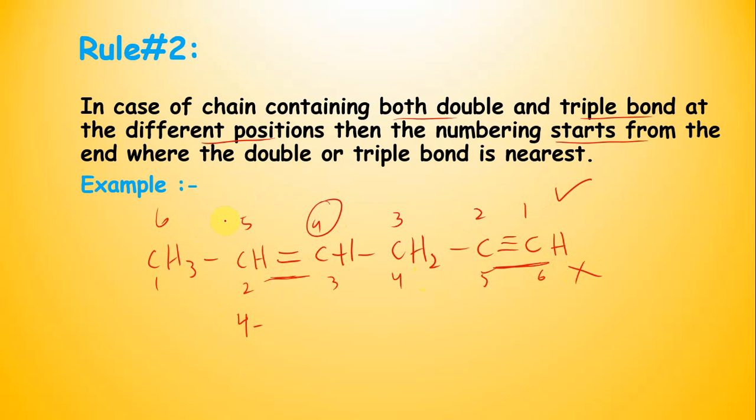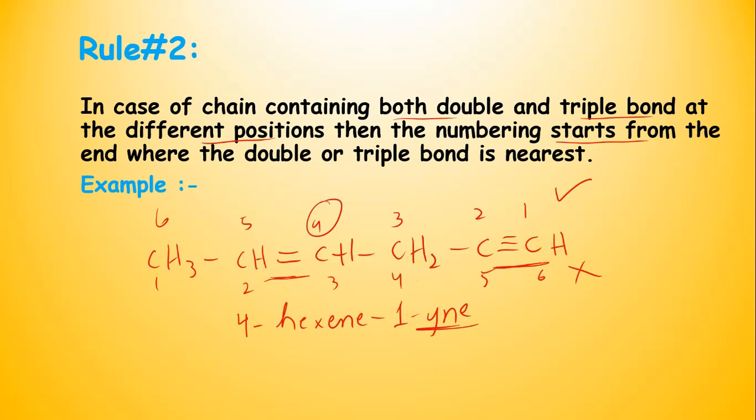So 4, and what is the parent name? That is hexene, 4-hexene, and where the carbon-carbon triple bond is present, that is at the first position. So we will write here 1 and YNE because it is an alkyne.